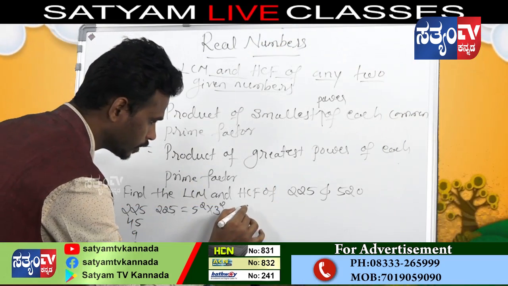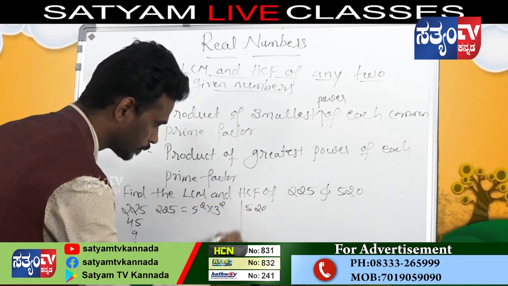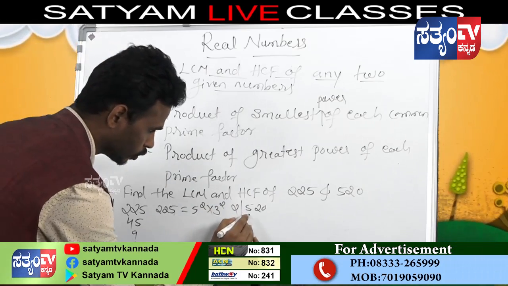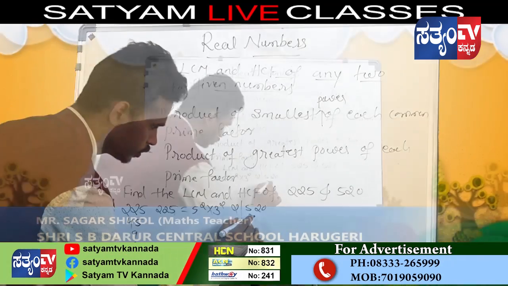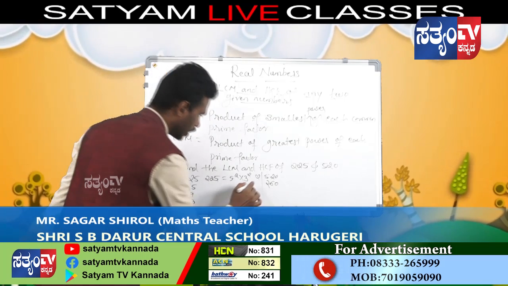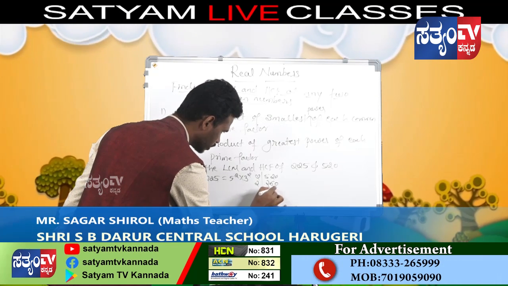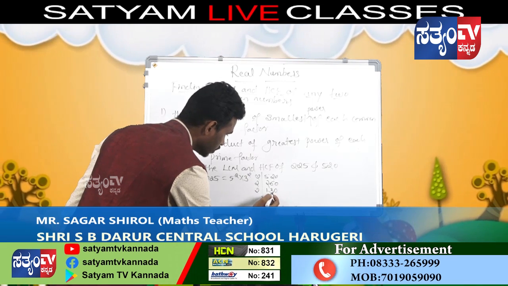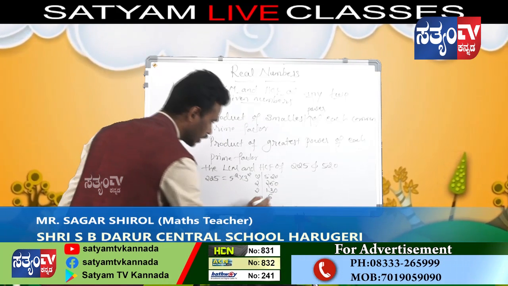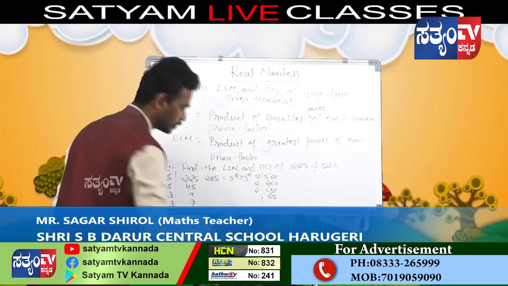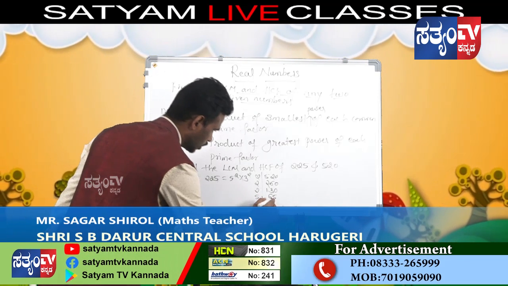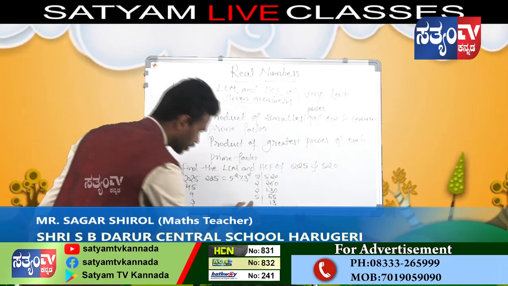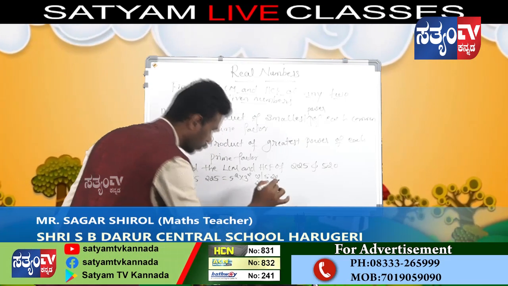And 520. Just factorize this. 2 twos are 4, 2 sixes are 12, and next 2 ones are 2, 2 threes are 6, and next 2 sixes are 12, 2 fives are 10, and next 5 ones are 5, 5 threes are 15, so 13 ones are 13.